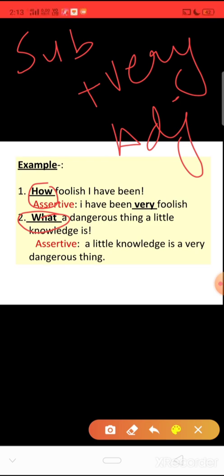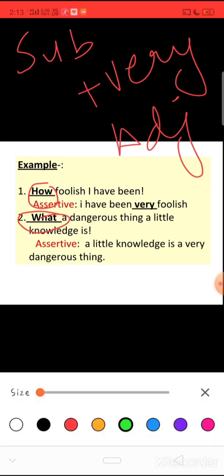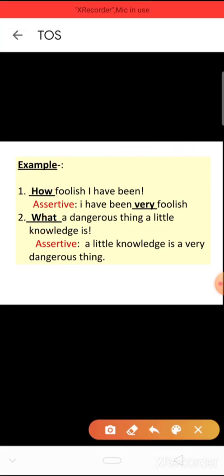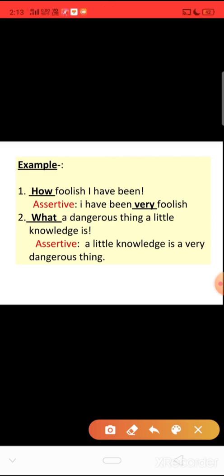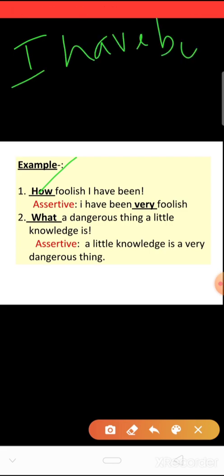So in the first example, as we can see, the sentence is how foolish I have been. So first we will remove how, then we will first write the subject, that is I, then have been, the helping verb, then foolish.